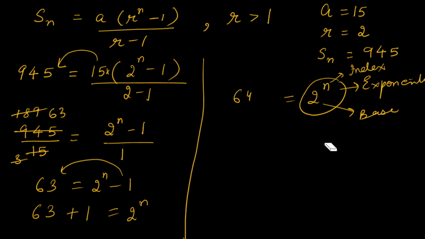So on both sides we have to convert into exponential form with the same base. The prime factorization of 64 is 2 to the power 6. So 2 to the power 6 is equal to 2 to the power n. Bases are the same, so we can equate powers.